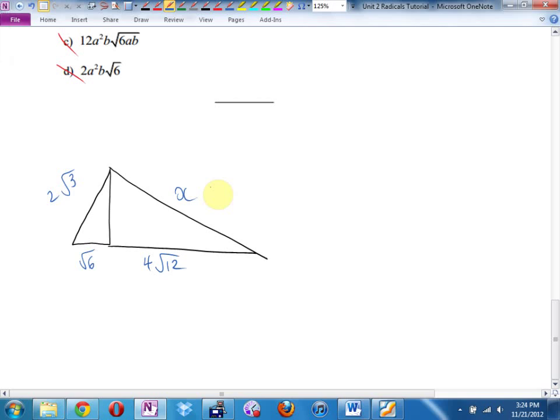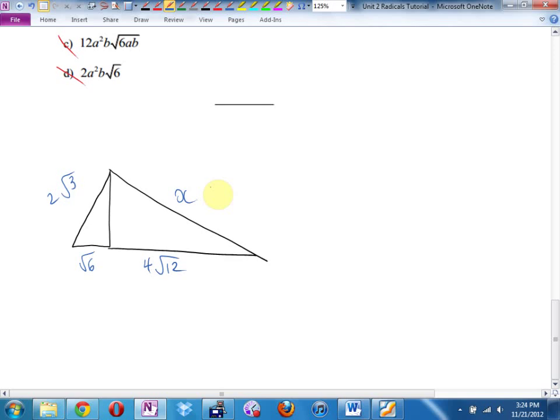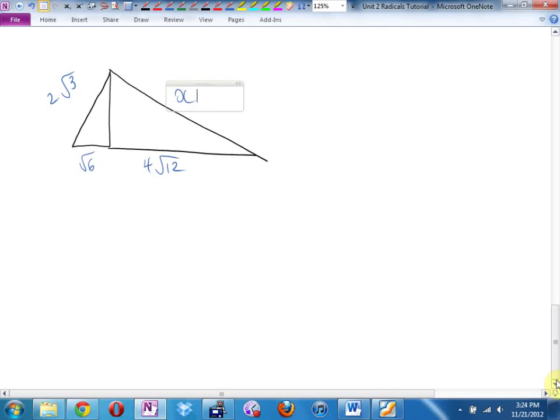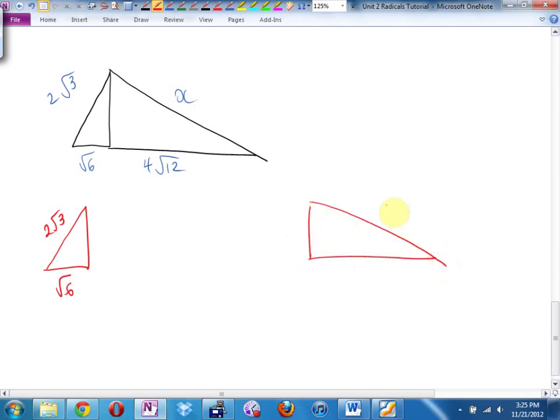Well, we would solve 2 little triangles. We would solve this one. And we would solve this one. The problem is, in this triangle, I don't know that, and I need 2 numbers to find the third using Pythagoras.